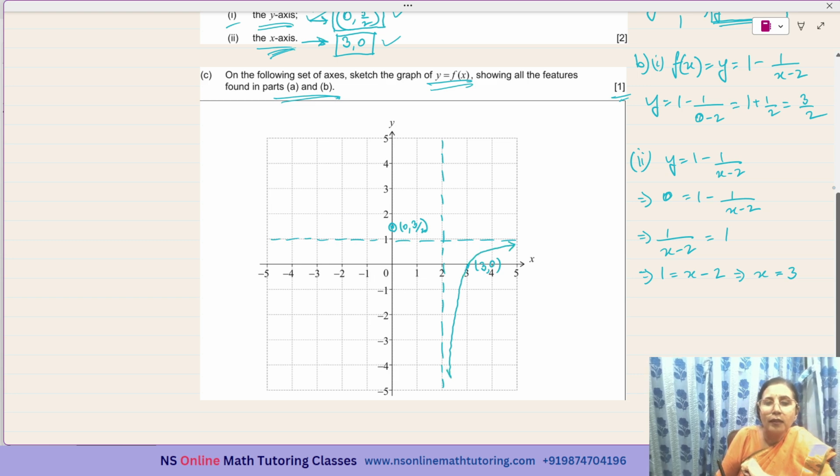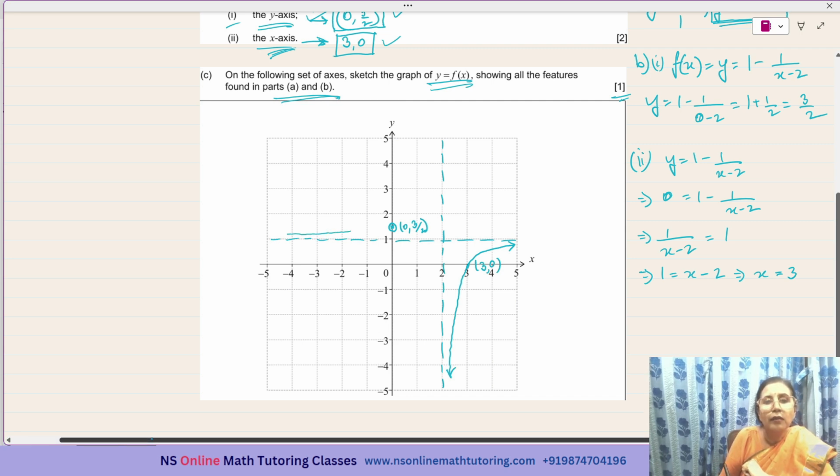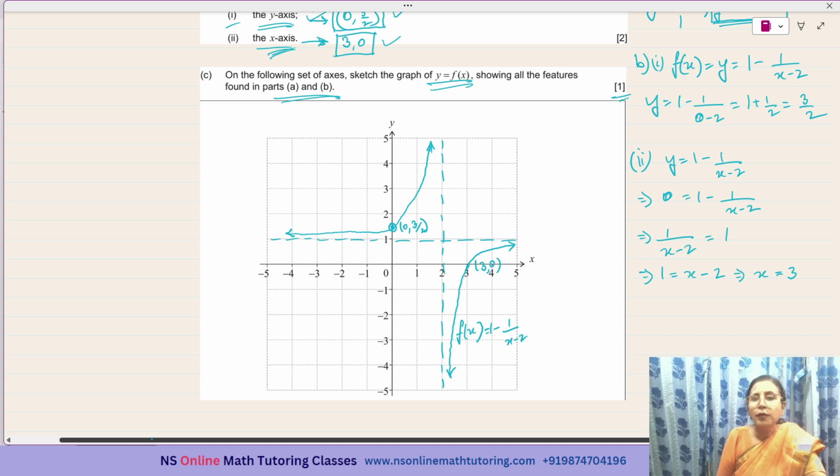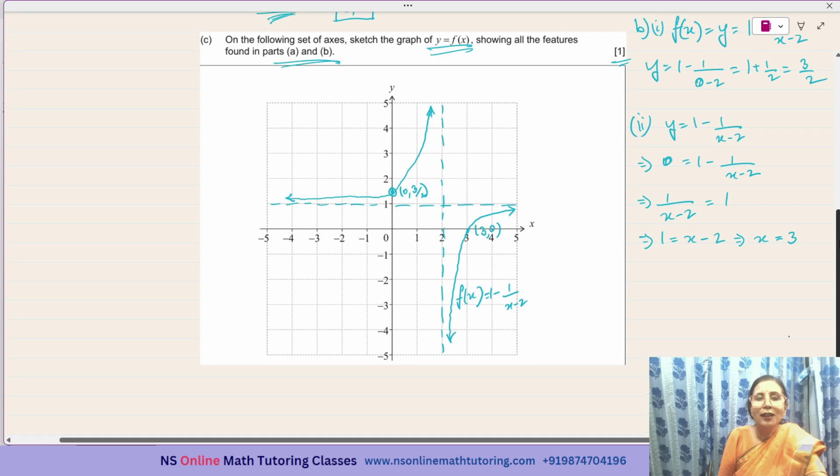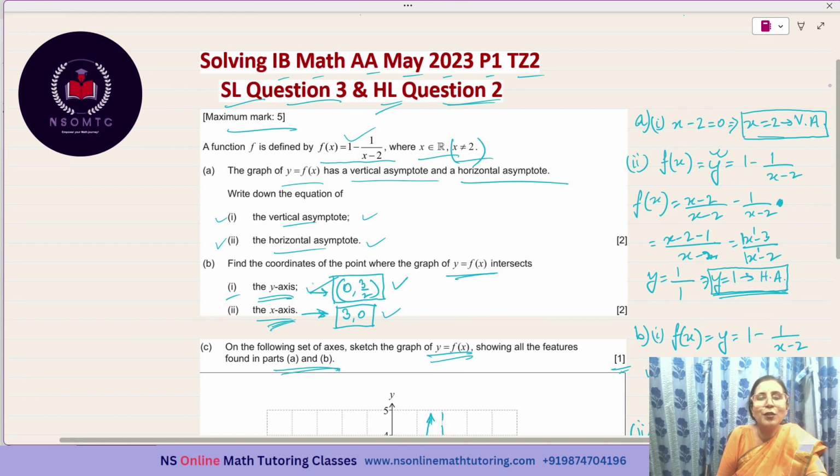Like this. And the other one will be, so it will be somewhat of this shape. Okay. So this is the graph of f of x equal to 1 minus 1 over x minus 2. Okay. So we have sketched the graph, and this completes our answering of this question.